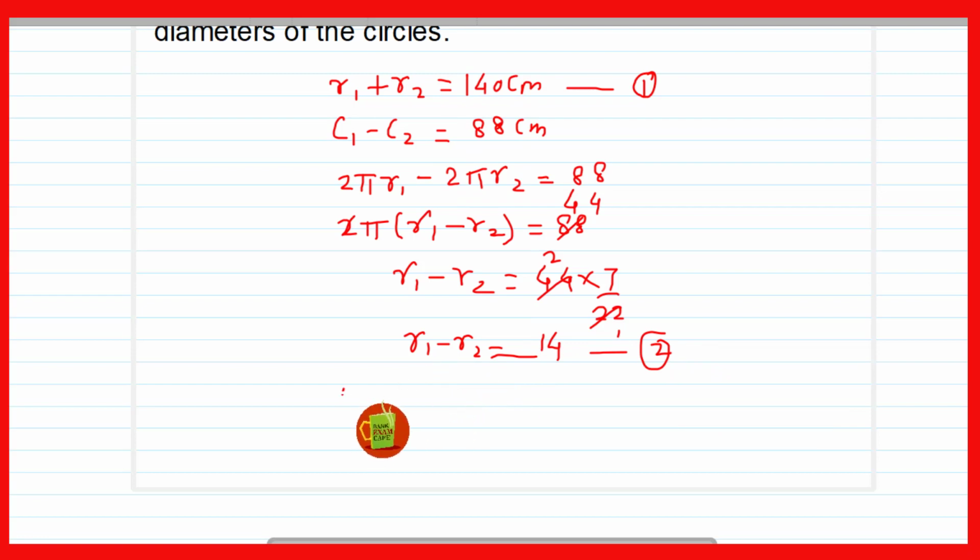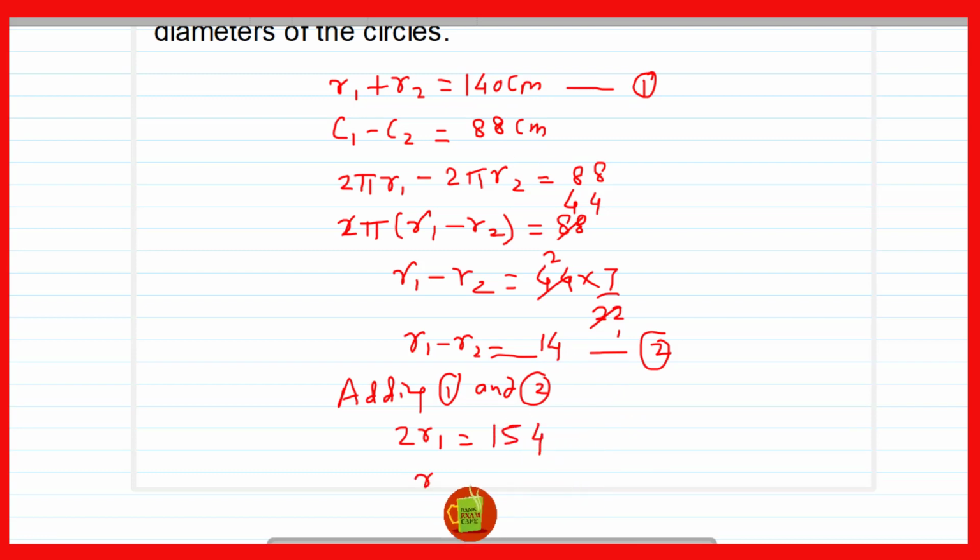Then adding 1 and 2, here after adding 1 and 2, R2 and R2 will get cancelled and you will get twice of R1, that is equal to 140 plus 14, that is 154, and therefore R1, that is equal to 2 ones are 2, 2 sevens are 14, so it will be 77 centimeter.